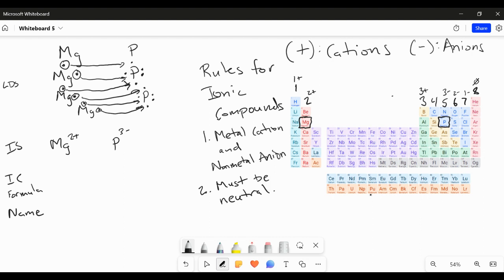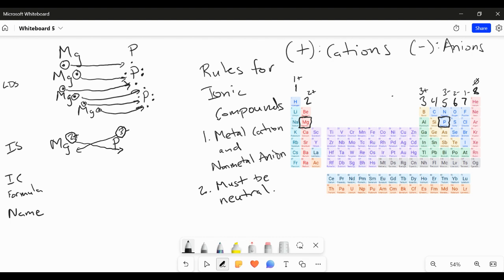When you have two elements that are going to bond together that have different charges, meaning they're not balanced, we can take the number from the charge of the cation, and that will become the subscript for the anion. And we do the opposite here. We take the number from the charge of the anion, and this becomes the new subscript for the cation.